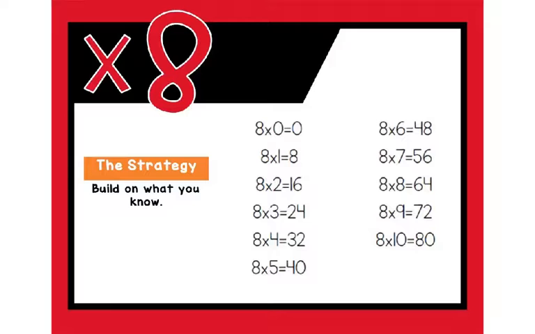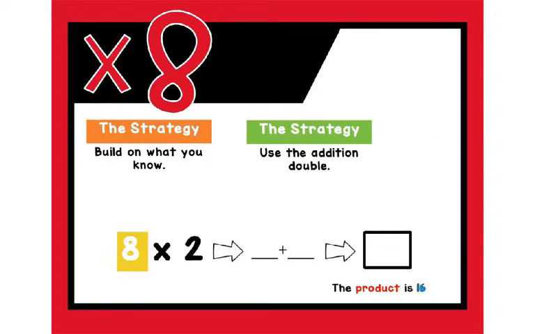Times 8. Again, you will need to build on what you know. You know that any number times 0 is always 0. And any number times 1 is always itself. Here, I have a 2.